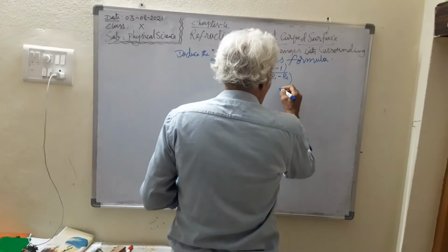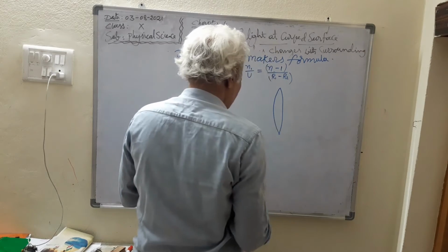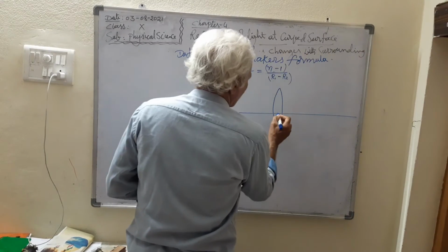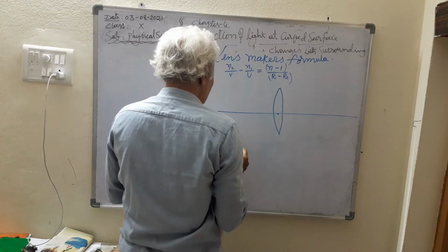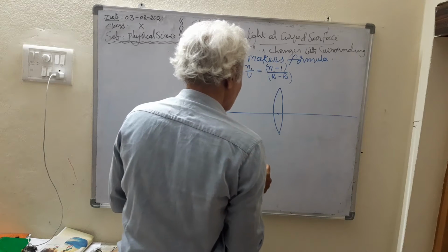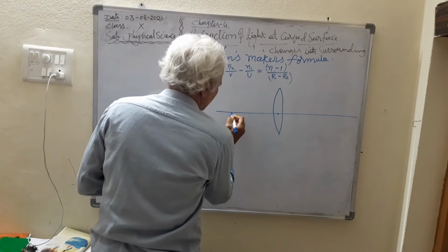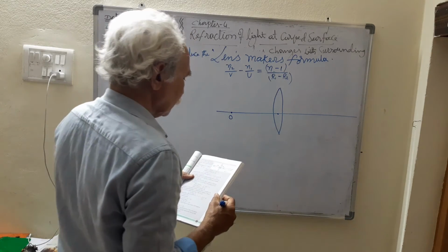To deduce this formula, we should take a ray diagram. This is the convex lens. Here is the optic center and the principal axis. Okay. Now let us see. First, it is a point size object. O is the object.